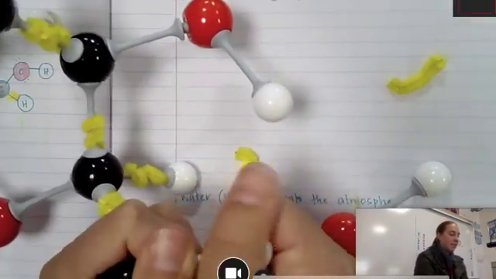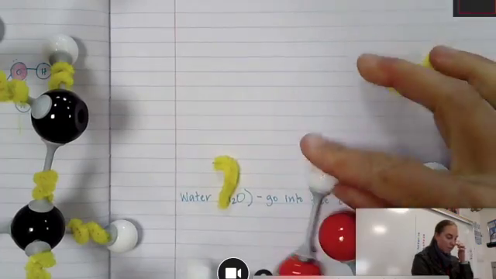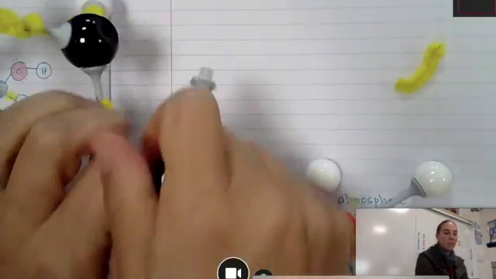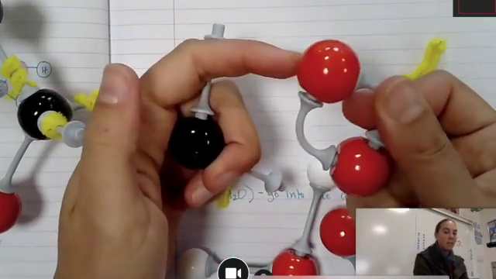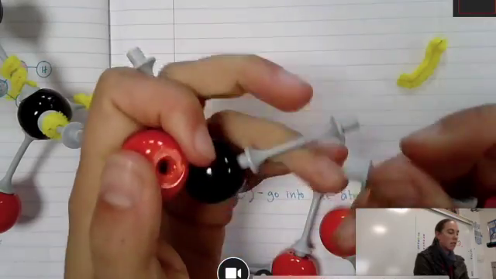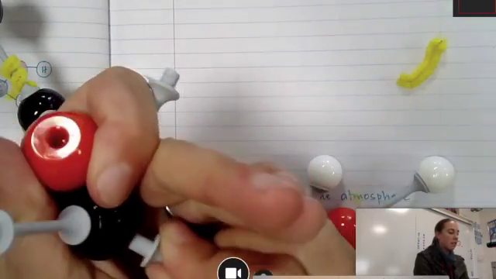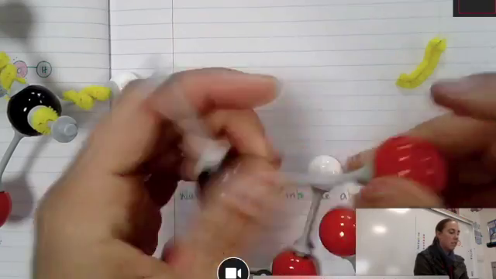I'm going to take this other H, and I'm going to bond it to another OH to make another water molecule. Now when I did that, I've opened up a carbon, and my carbon is going to combine with an oxygen, and I'm going to make some carbon dioxide. Now you'll notice carbon has to have 4 bonds, oxygen has to have 2 bonds.